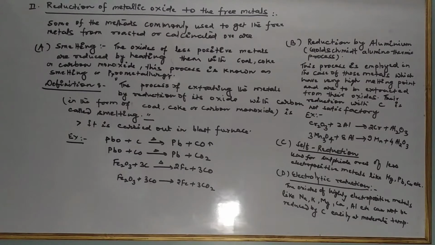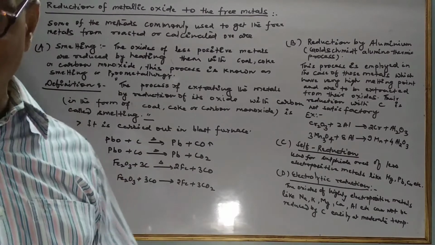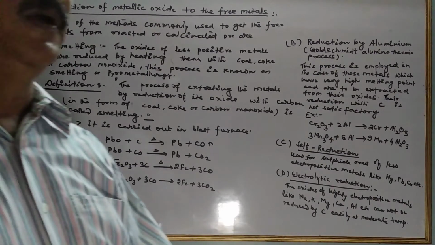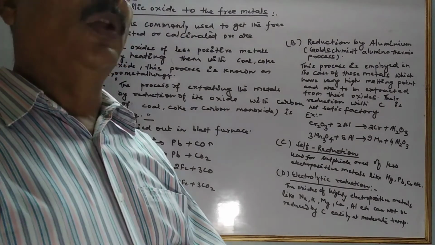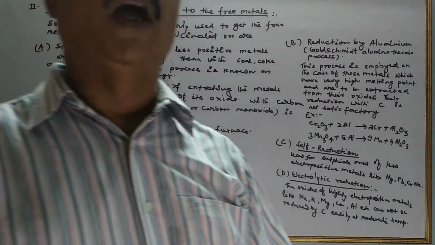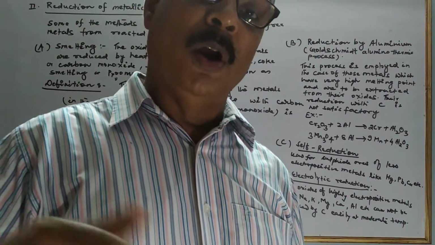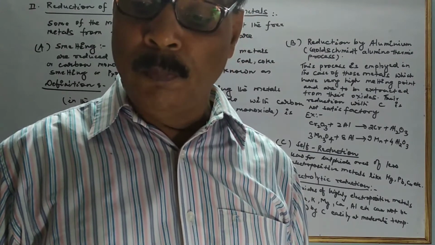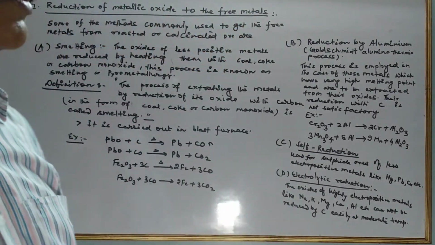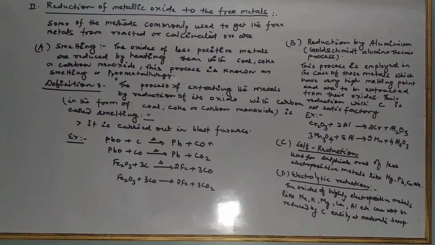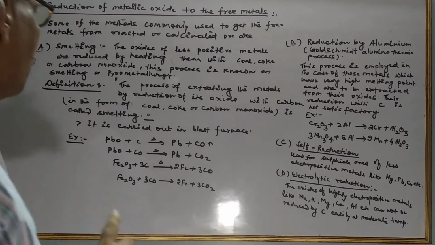And this can be explained with the help of the thermodynamic principle of metallurgy with an Ellingham diagram that we will discuss in the next video. So what is the temperature variation requirement for the thermal reduction in pyrometallurgy?